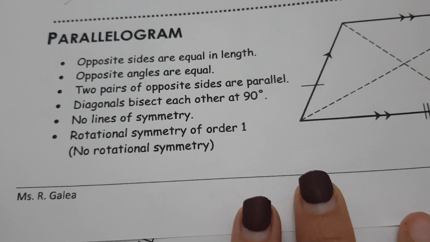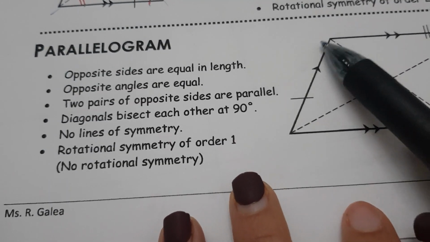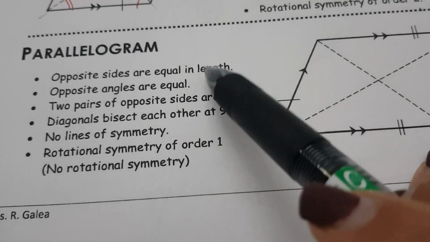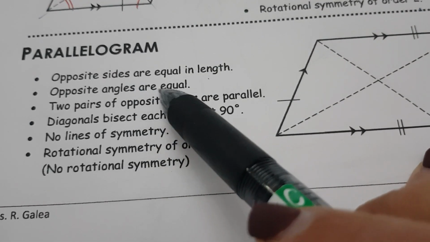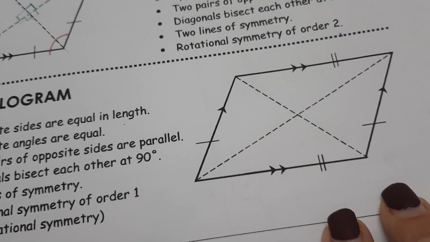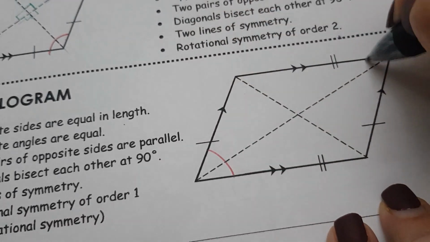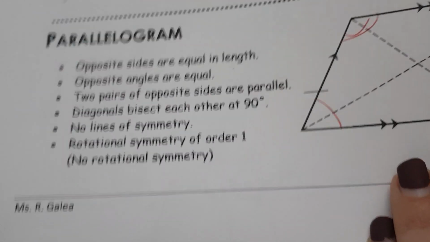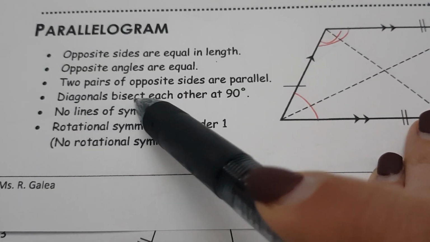The parallelogram is quite similar, but it's like a rectangle this time, but a tilted rectangle. Opposite sides are equal, opposite angles are equal, as we said before. So this is equal to this, and this is equal to this one. Diagonals bisect each other.